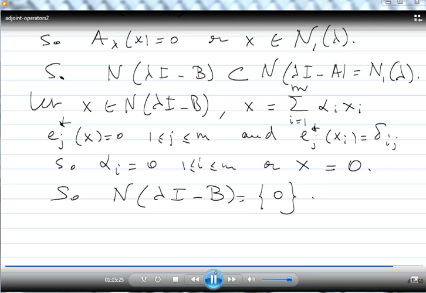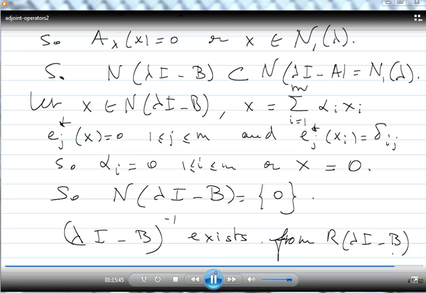So we do have lambda I minus B inverse. So lambda I minus B inverse exists from the range of lambda I minus B, which is closed because B is compact, into x. So keep in mind that the range is closed, so we can go from the range into x.